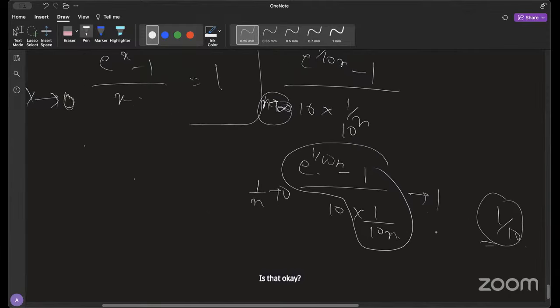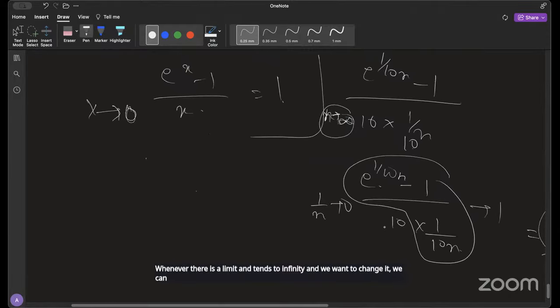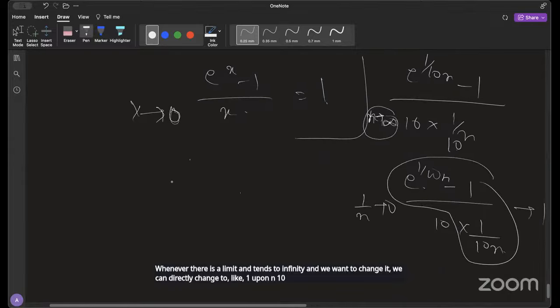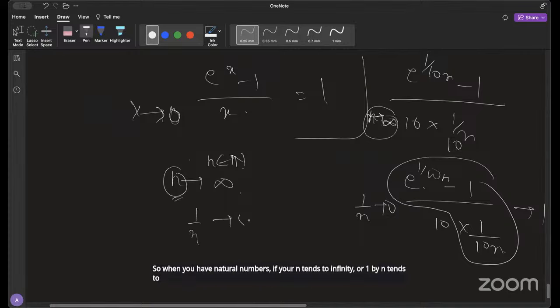And whenever there is a limit n tends to infinity and we want to change it, we can directly change to 1 upon n tends to 0. Because n is natural numbers, right? So when n tends to infinity, 1 by n tends to 0.